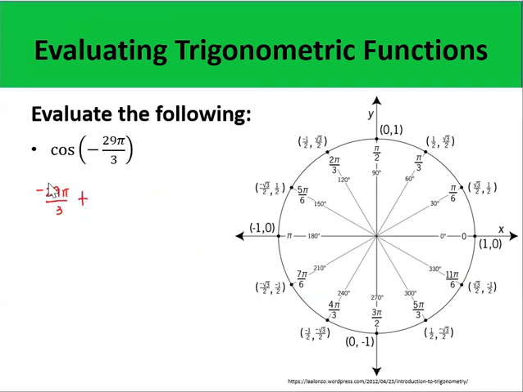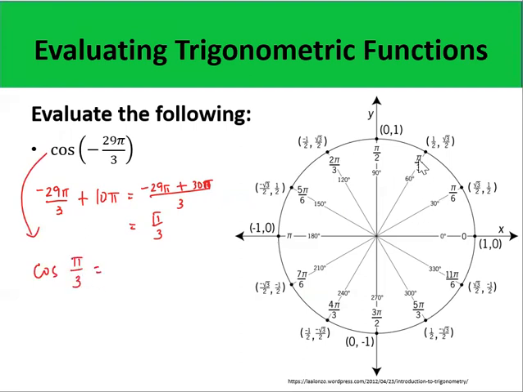So if this is negative 9 point something pi, then we need to add 10 pi. So that's going to be negative 29 pi plus 3 times 10, which is 30 pi, over 3. And that's going to be pi over 3. So this is the same as cosine of pi over 3.